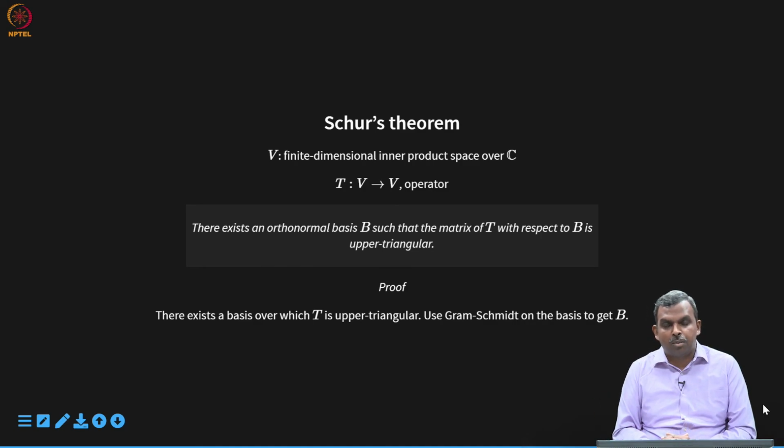Now, because we have an inner product space, you can have an orthonormal basis in which the operator will have an upper triangular matrix representation. Okay, so that's very nice, very convenient and a good thing to have.